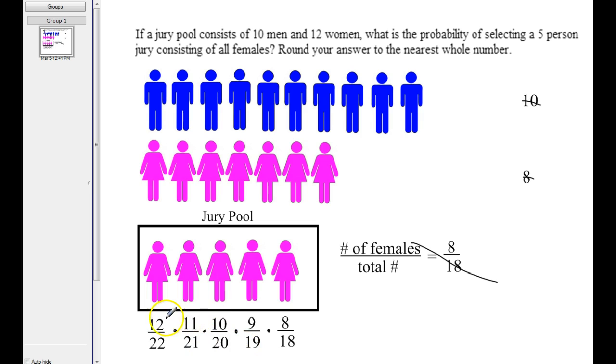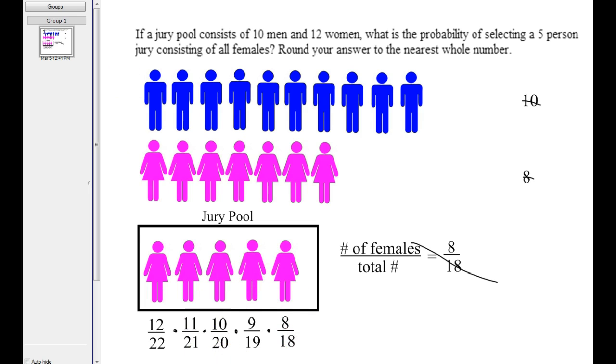Sometimes it'll be 3 women, 2 men, or 4 men, 1 woman, something like that, and then it becomes a much more difficult process. But for these all or none probabilities, this is a very common occurrence of a decreasing denominator and a decreasing numerator, all going down by that same number, 1 each time.